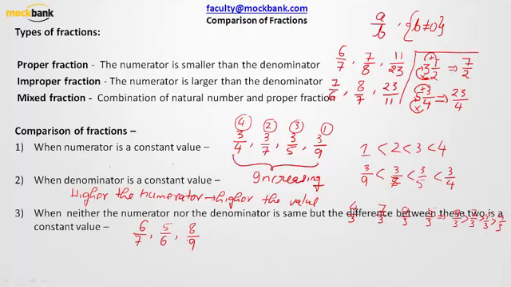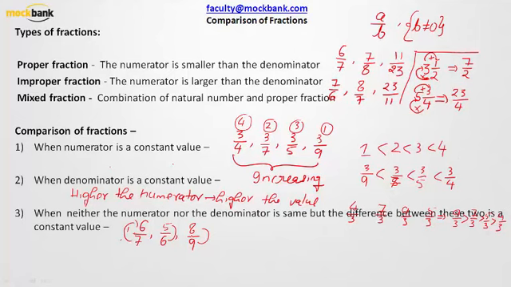In all these cases, neither the numerator nor the denominator is the same, but the difference between numerator and denominator is the same. Here 7 minus 6, the difference is 1. 6 minus 5, the difference is 1. 9 minus 8, the difference is 1.